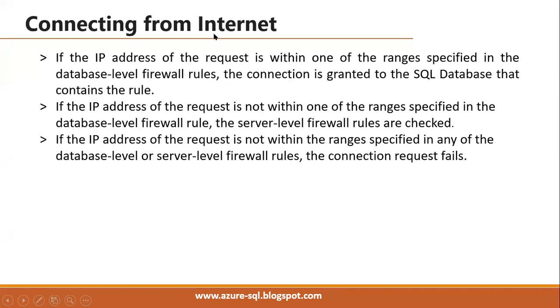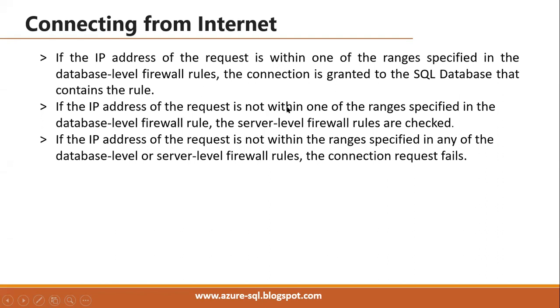Connecting from the internet, let's say whenever we are trying to connect to SQL database, first it verifies that the IP address of the request is within one of the ranges of the database level firewall rules. If the IP address is not within the ranges of database level firewall rules, then it will check the server level firewall rules.